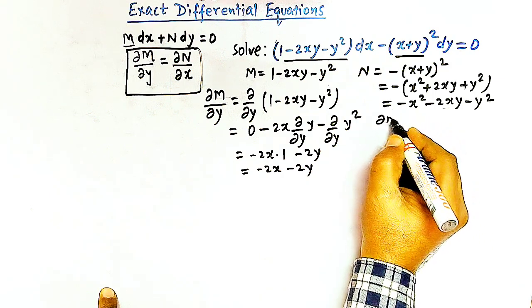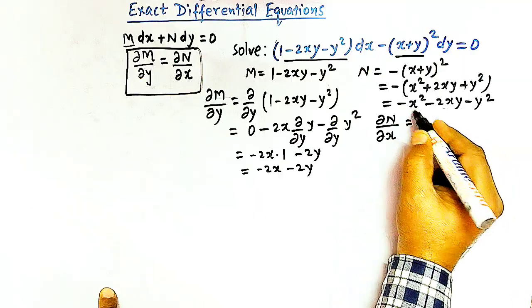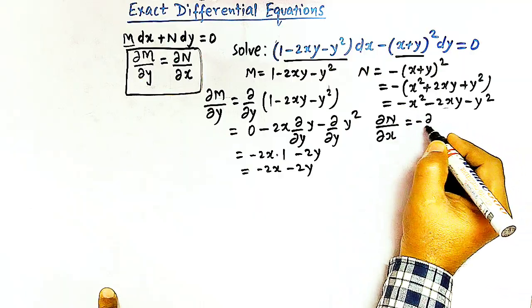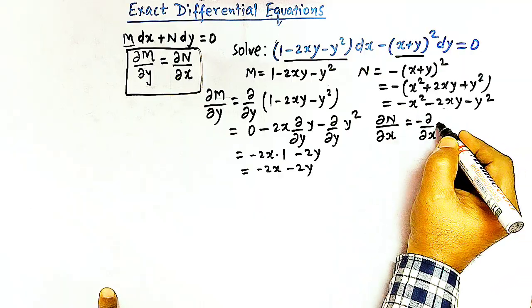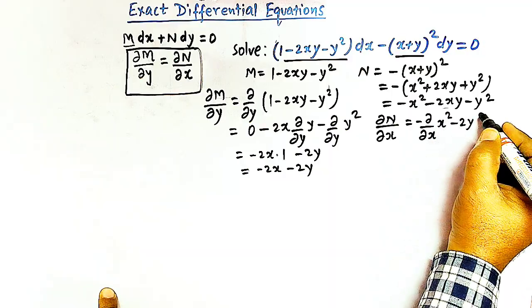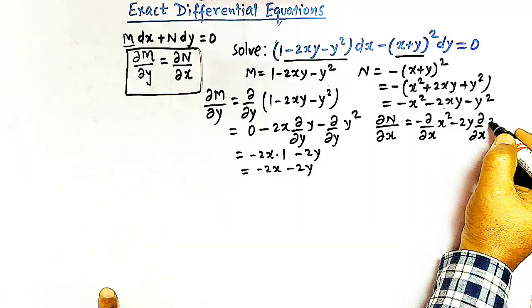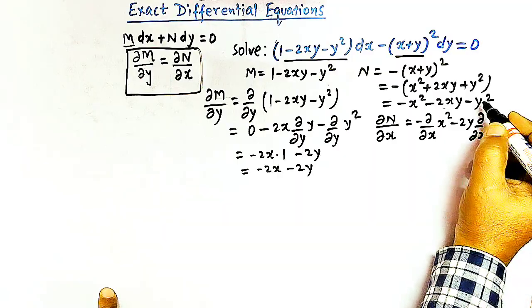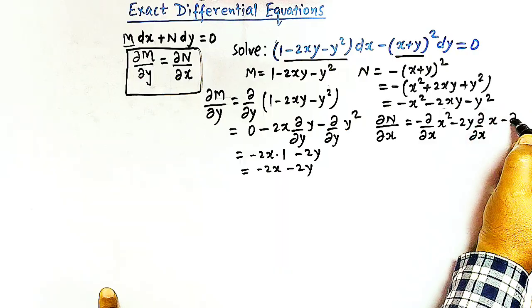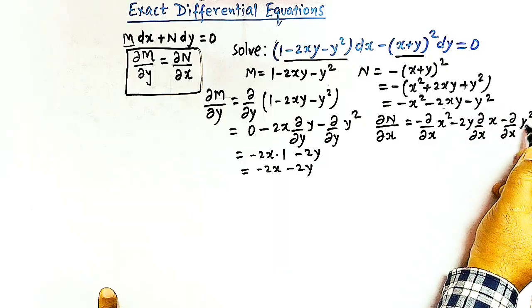And here we can now find del n over del x. So this is minus del over del x. Here we have x square, then we have minus 2y del over del x, and here we have simply x, and here the derivative of y square with respect to x is 0.